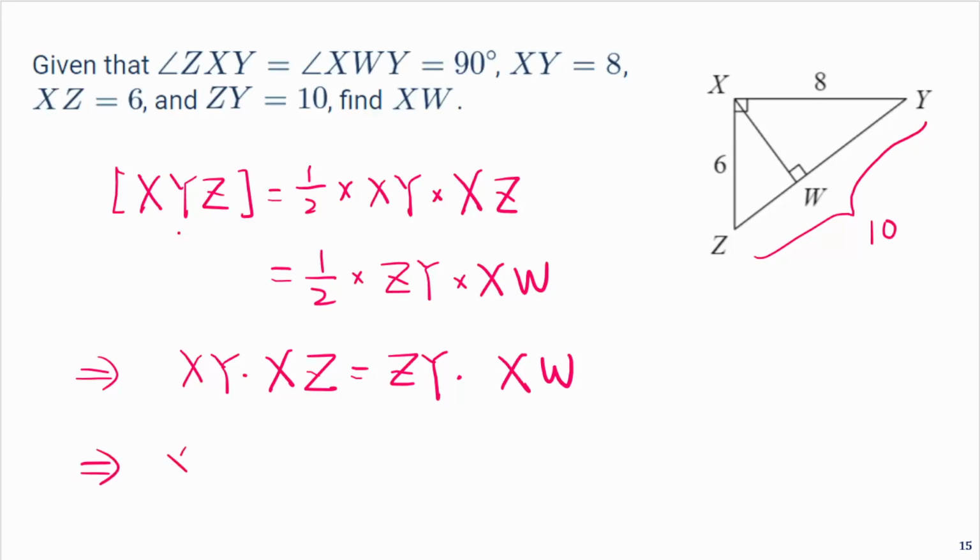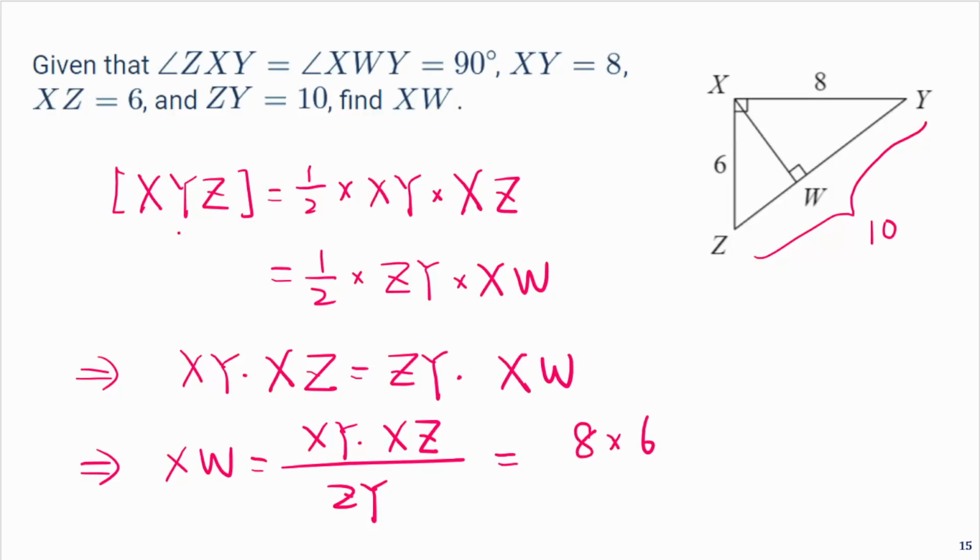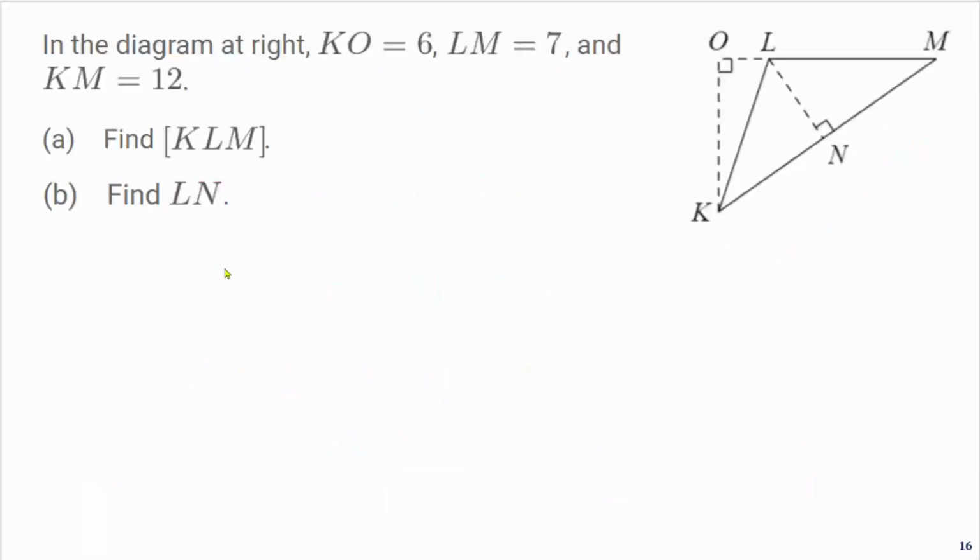That means XW equals XY times XZ over ZY. And this gives us XY is 8, XZ is 6, ZY is 10. So that's 24 over 5, right? Is it clear? Yes. Okay, then let's consider another one.